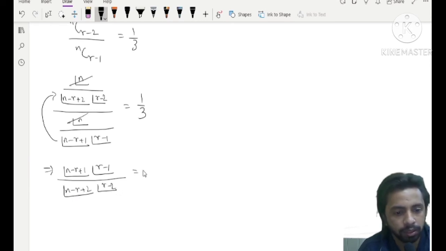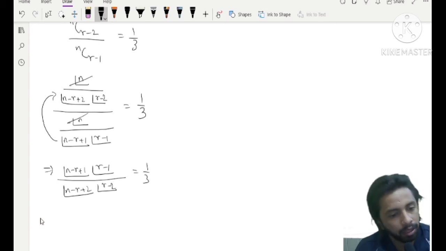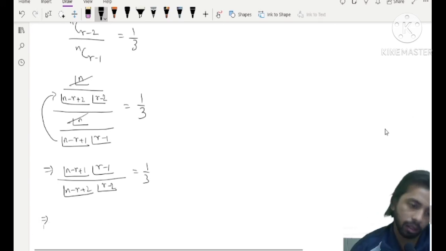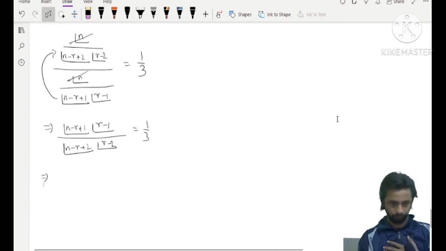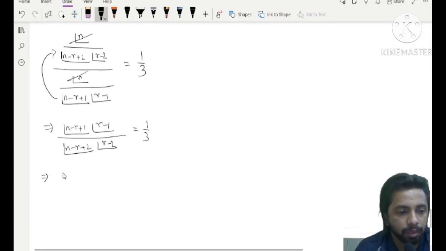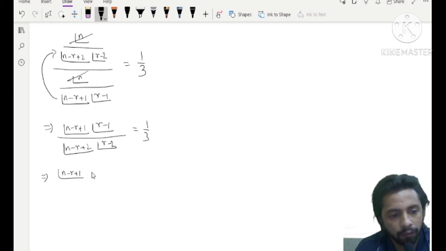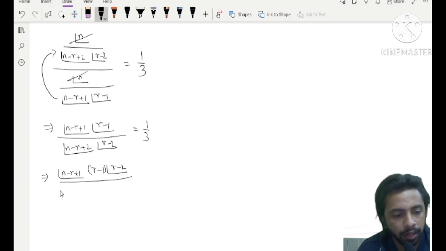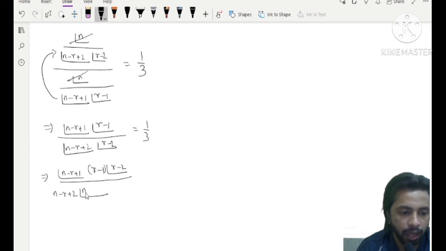This is 1 by 3. Factorial r minus 1 can be written as r minus 1 times factorial r minus 2, and factorial n minus r plus 2 can be written as n minus r plus 2 times factorial n minus r plus 1.